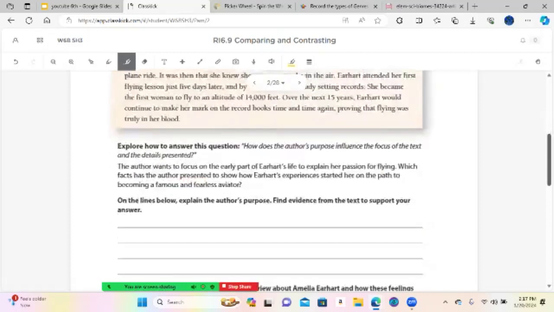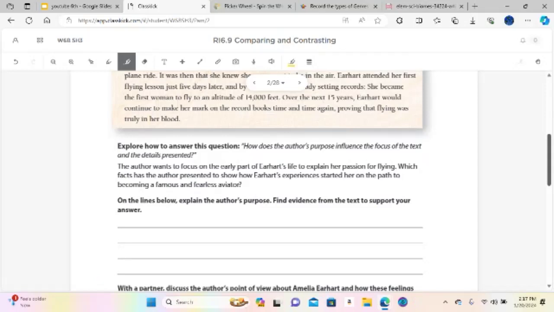So it says, explore how to answer this question. How does the author's purpose influence the focus on the text and the details presented? All right, so you can pause the video and you're going to record what you think the author's purpose is for this text and how it influenced the details that were presented.